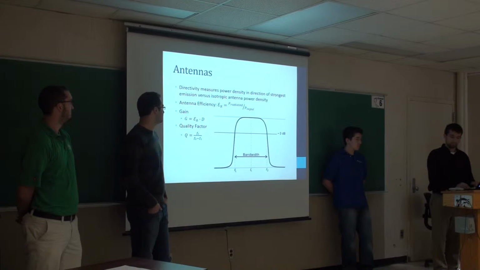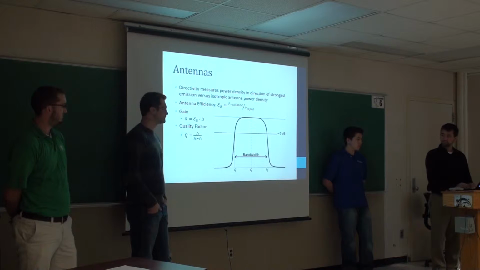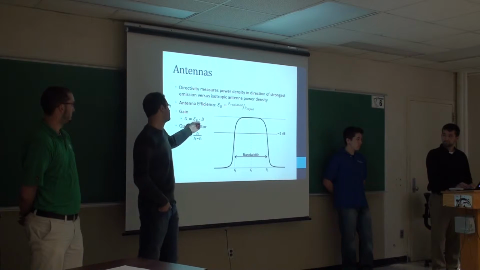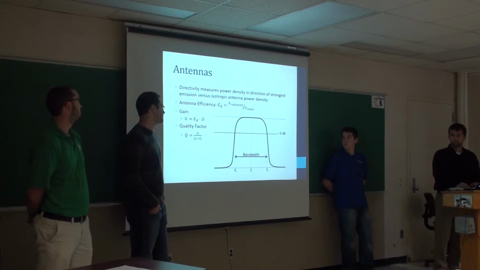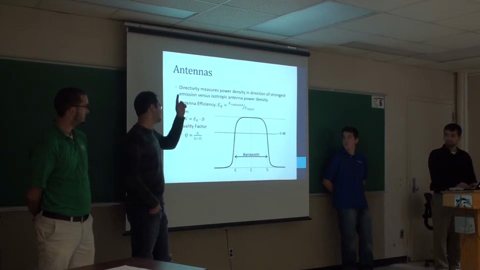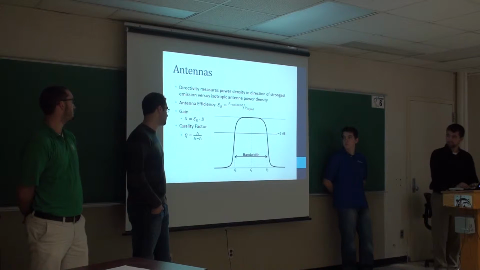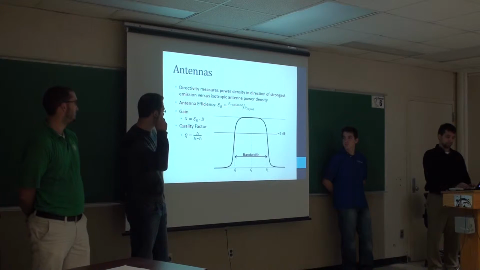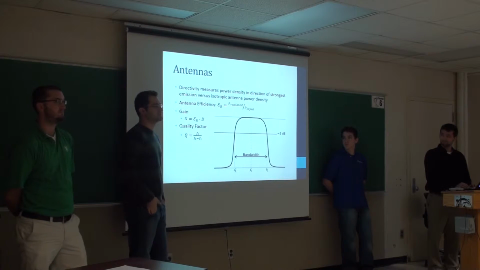Then you have your antenna efficiency, and you increase the efficiency by matching properly. And the gain is just the efficiency times the directivity. And the quality factor is just the Q factor that determines how sharp your signal is. And it's important to note that with a higher quality factor, the input impedance is more sensitive to changes in frequency.